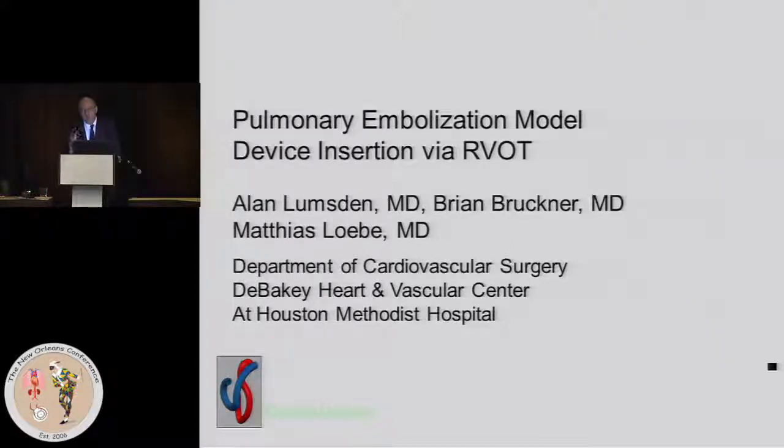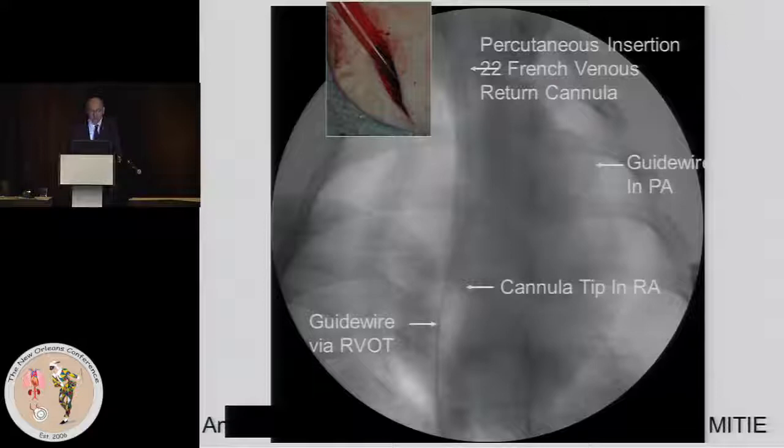We were concerned and we wanted to use it for PE, so in the lab, Alan Lumsden, Brian, and Matthias, colleagues of mine, used a cadaver model and basically with a sub-xiphoid approach, put a purse string onto the right ventricular outflow tract by elevating the sternum using a hook-type device, and then advanced the AngioVac cannula directly into the pulmonary artery by going through the right ventricular outflow tract via a purse string.